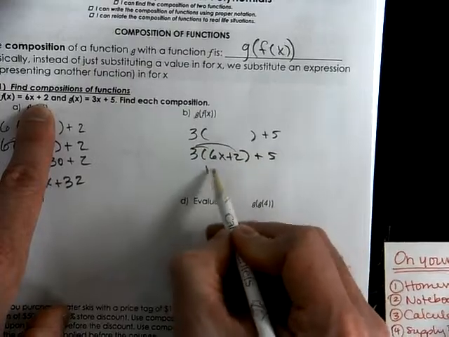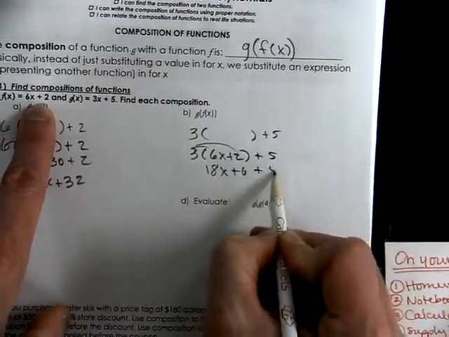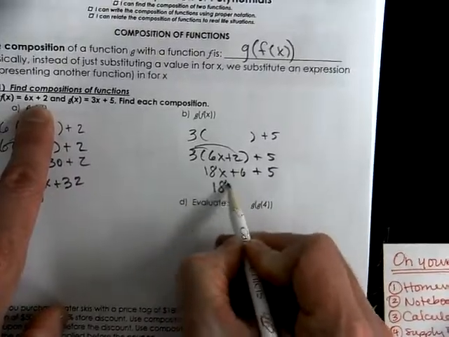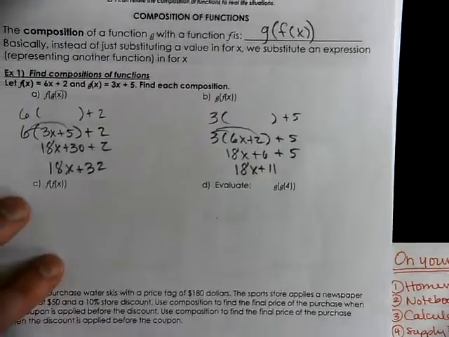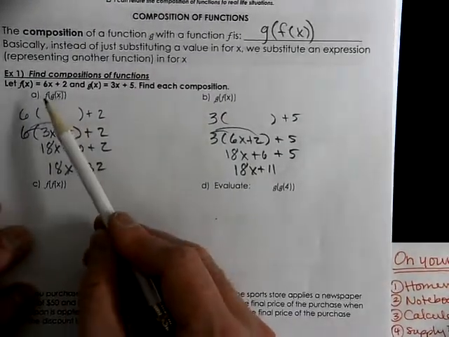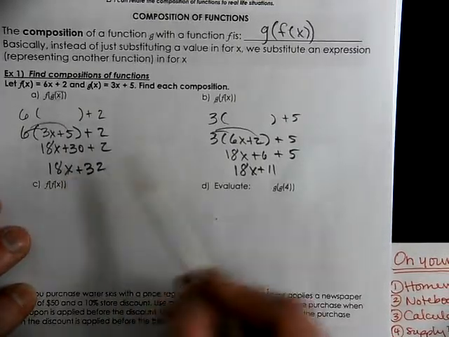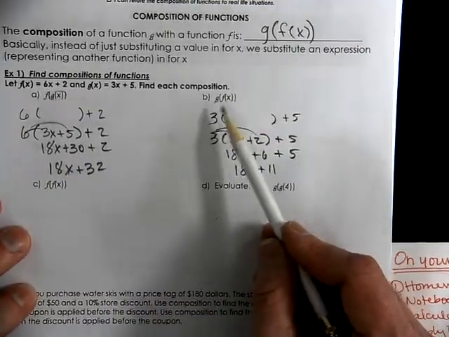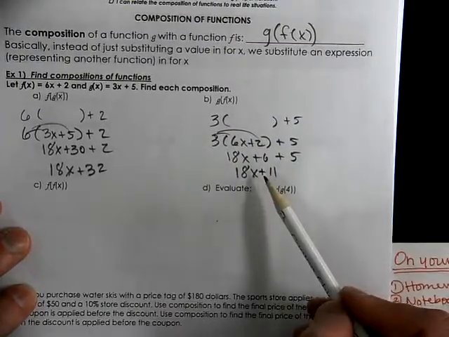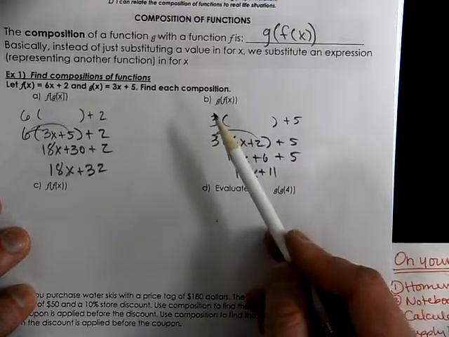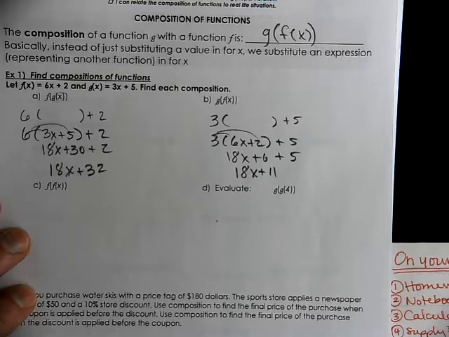We distribute, we get 18x plus 6 plus 5. Collect your like terms. Notice what's different here. Notice that f of g of x gave us this result, and g of f of x gave us that result. They're not the same thing. It's not multiplication. It's plugging one function into a different function.